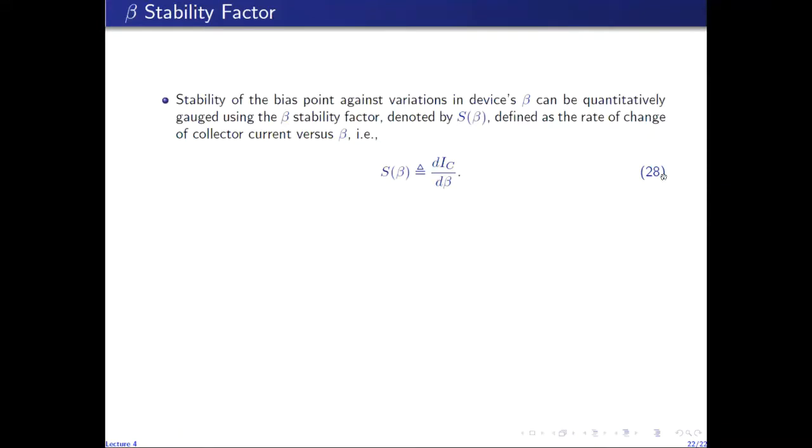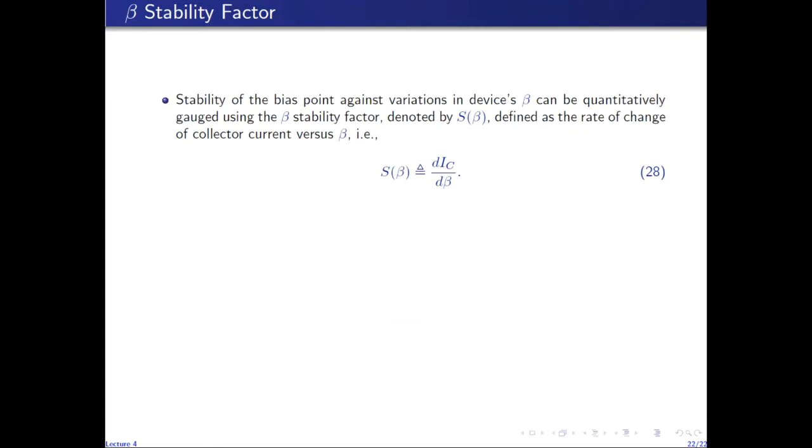So the performance of the biasing scheme can be quantitatively gauged using the beta stability factor, which we denote by S and define as the rate of change of the collector current with respect to beta. You now have the equations for the collector current for all the biasing schemes that we have discussed.